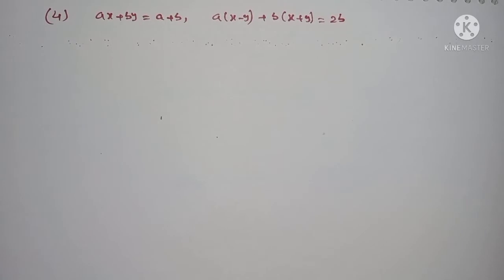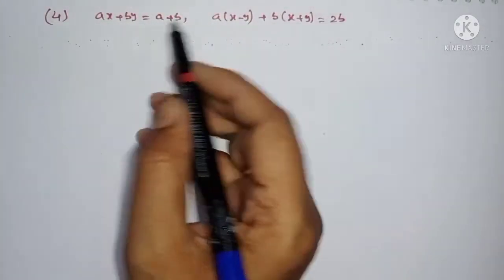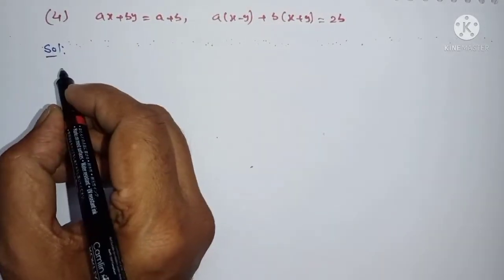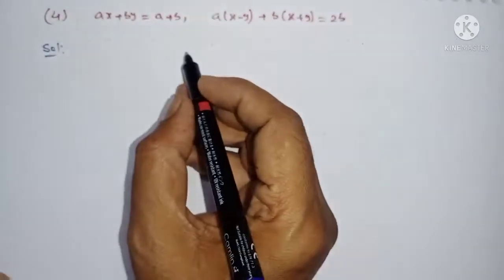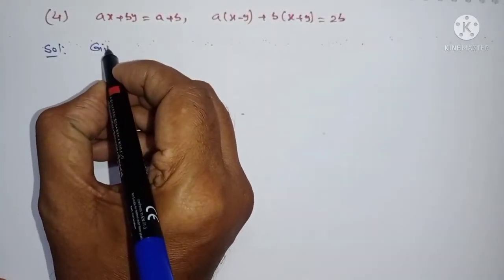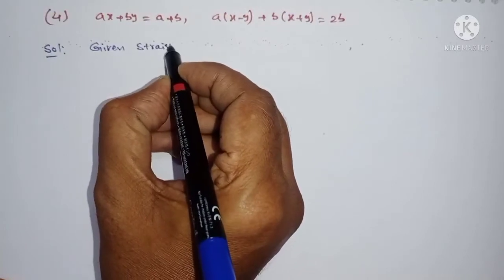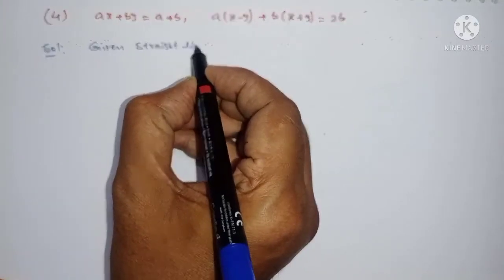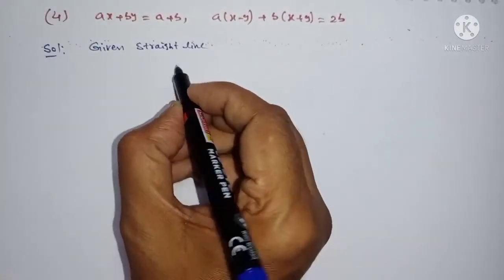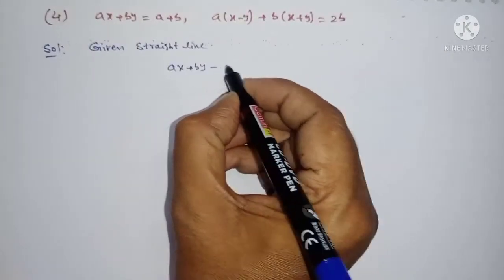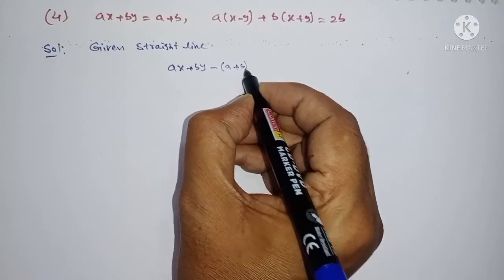Same question, find the angle between the two lines. Okay, previously how can you do this? First you can write the given straight lines, comparing with the standard form: ax + by - (a + b) = 0.